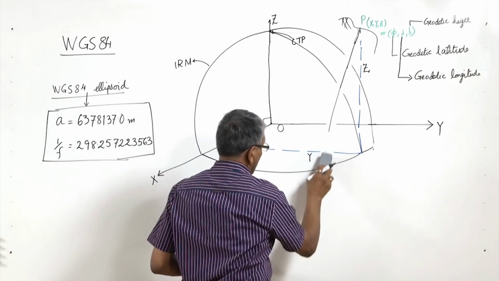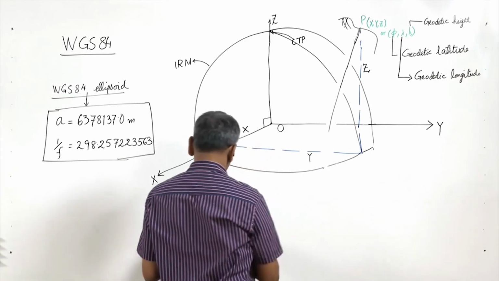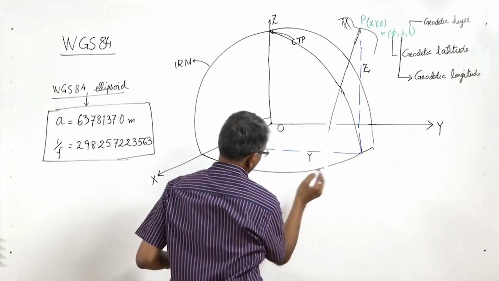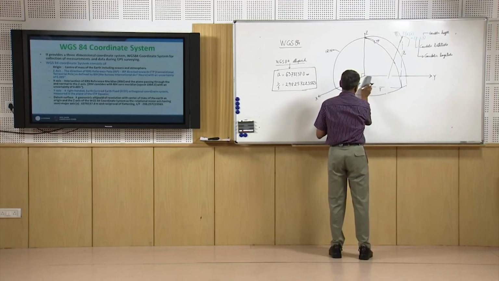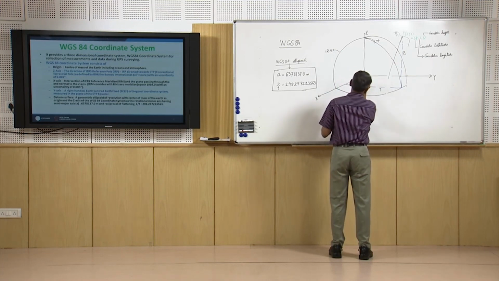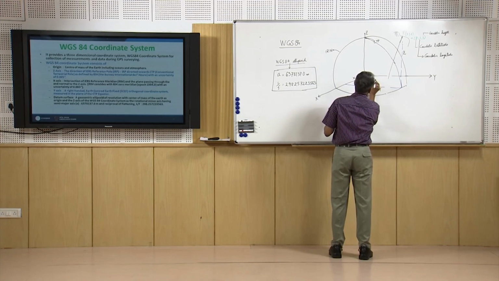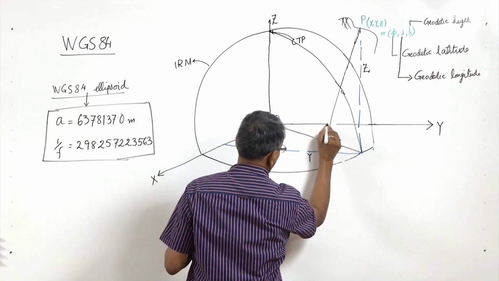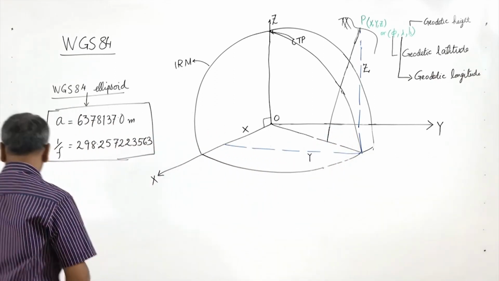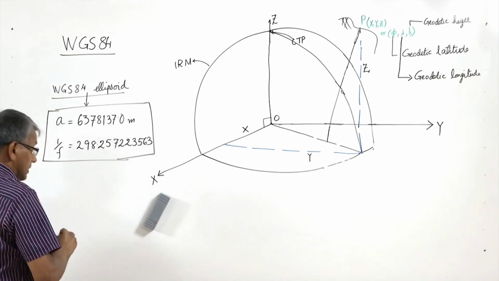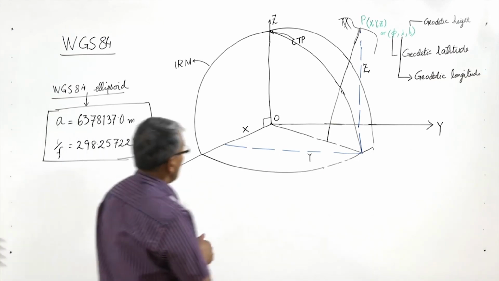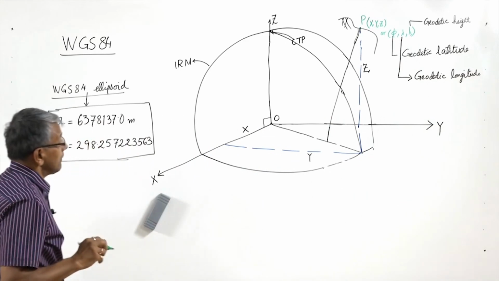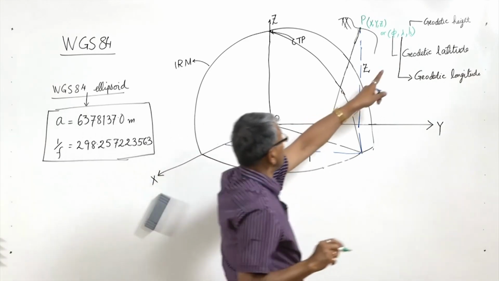This is the point P whose position we want to know, or have determined, which is phi, lambda, h.